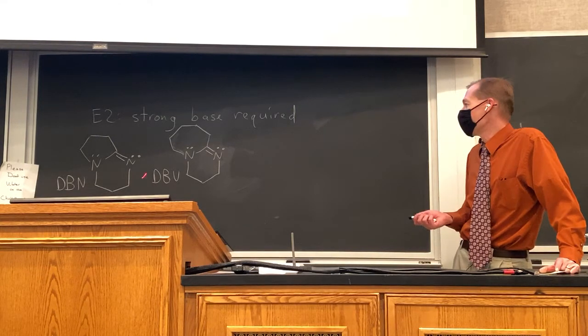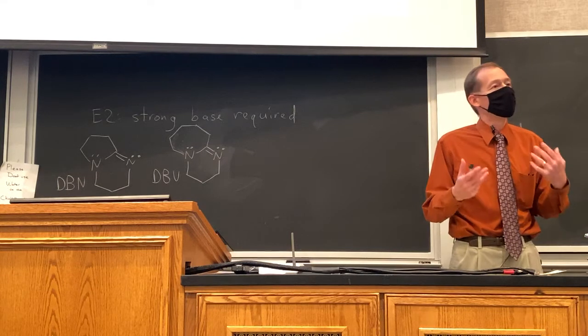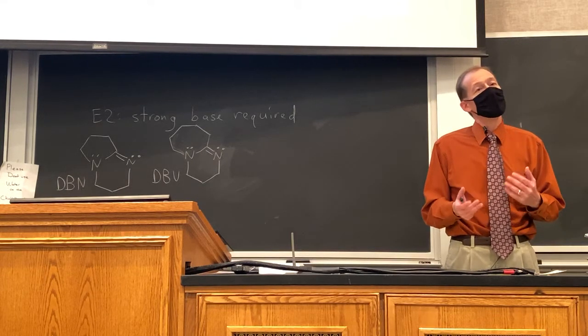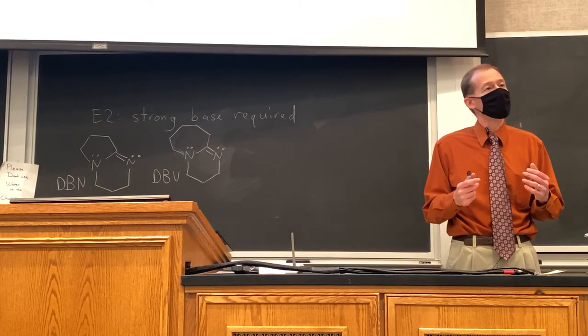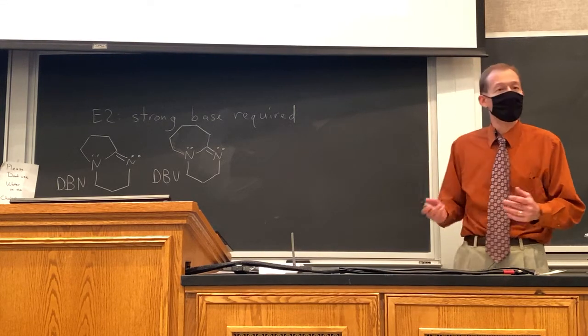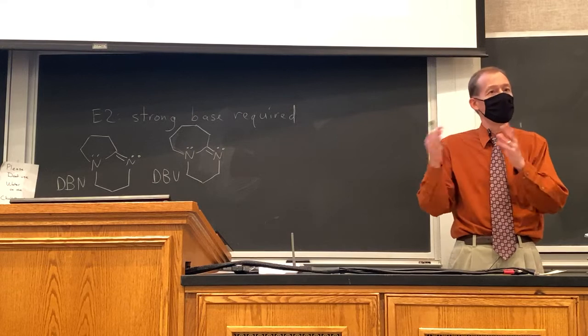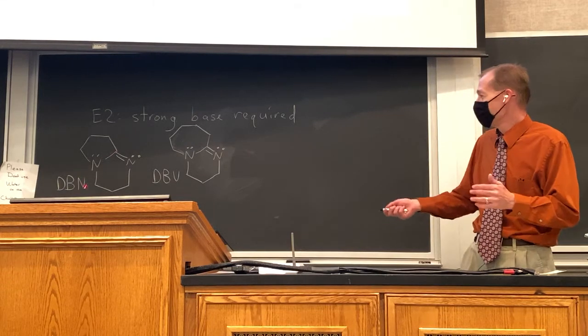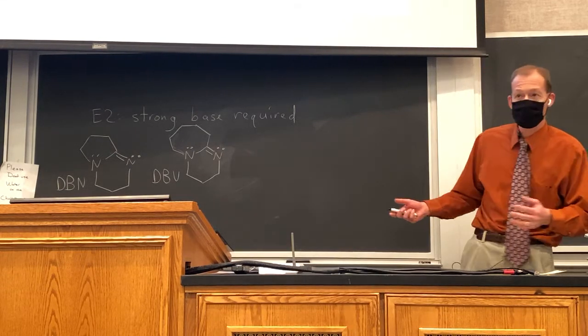These are not as strong as hydroxide, but they are strong enough to participate in E2 reactions. So, as I mentioned, we're going to expand our definition of strong bases to include anything that's comparable or stronger than hydroxide, plus DBN and DBU.